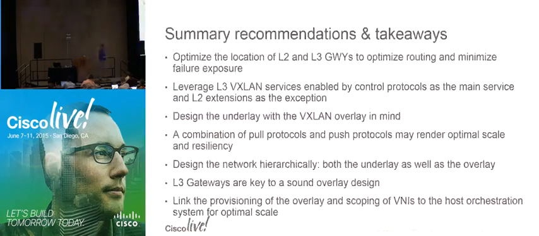There are a couple of things I just want to recap here. The optimization of the L2 and the L3 gateway in VXLAN is pretty significant, and I think the top of rack with the distributed Anycast gateway really knocks it out.